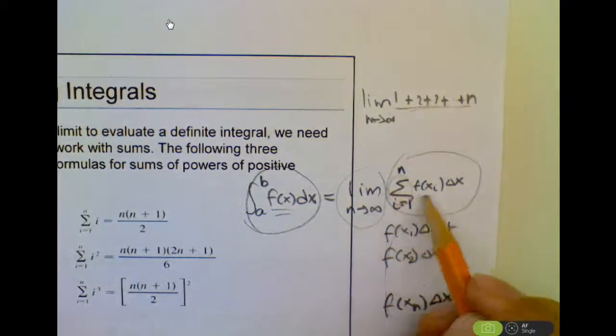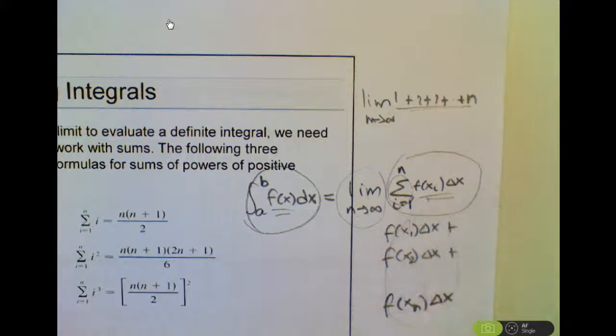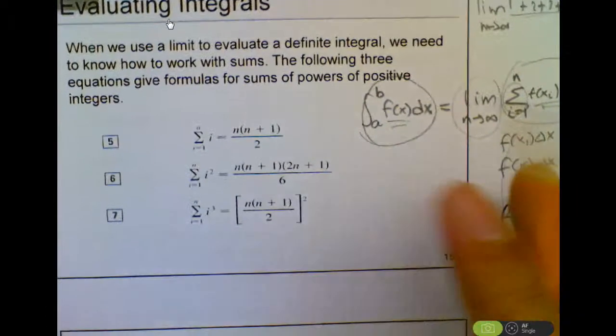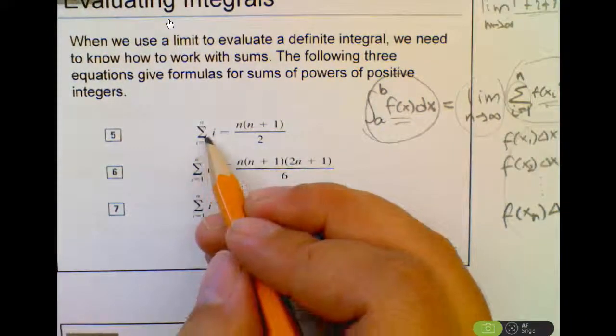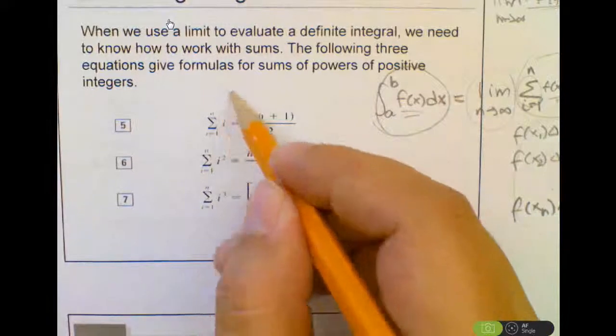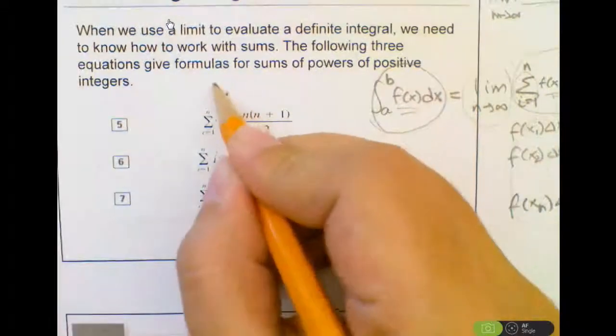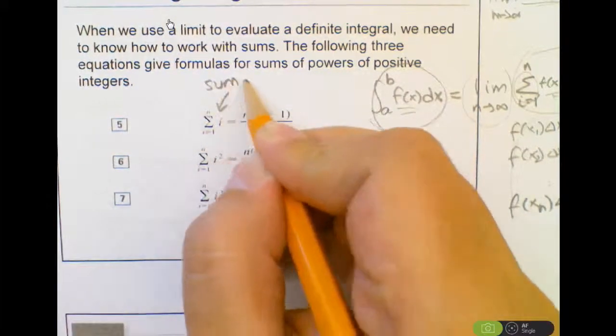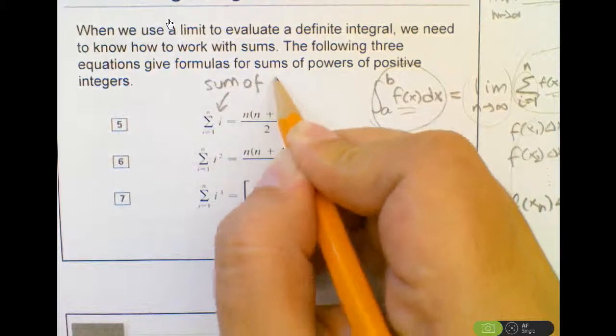So it is very useful to know that the summation of several items equals certain formulas. This one says that if I'm adding every single number, this is the sum of the first n numbers.